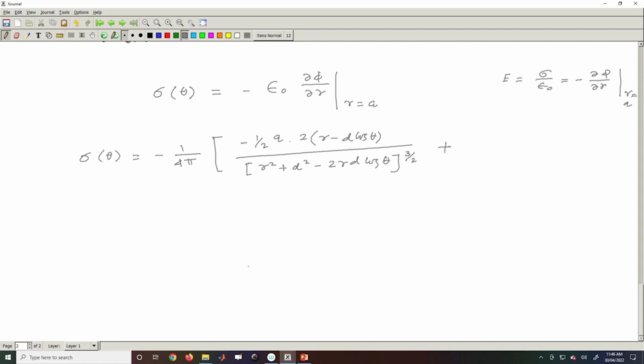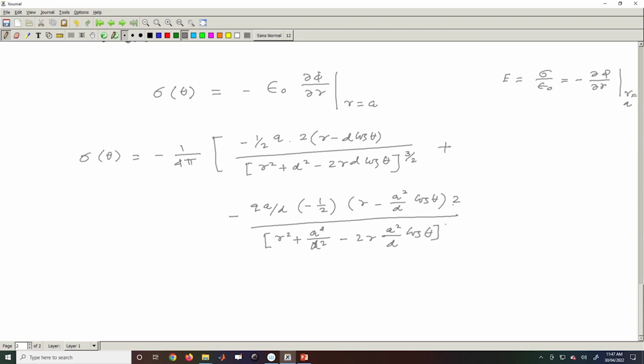What is my second term? My second term is minus q a divided by d, and then again I have another minus half here, and then simply r minus a square divided by d cos theta, and then multiplied by 2, whole divided by whatever we had, r square plus a to the power 4 divided by d square minus 2 r a square divided by d cos theta whole to the power 3 by 2.